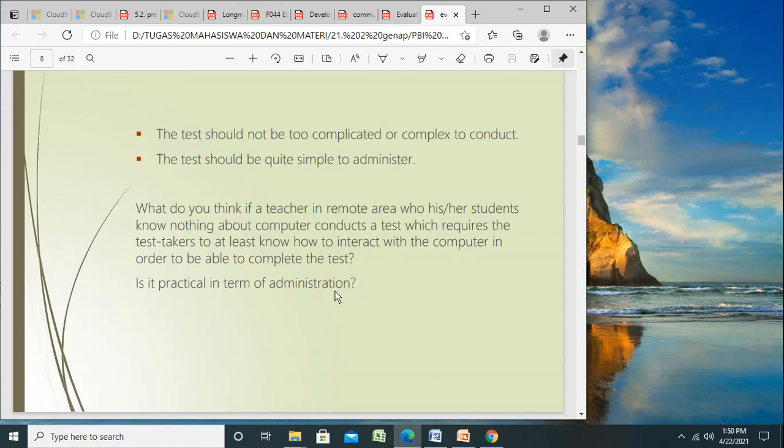So you have to consider the ability of the students, maybe in this pandemic era, when we are going to make some tests online. You have to consider the Wi-Fi of your students and the tools used by your students.